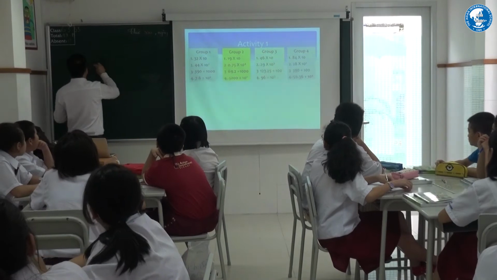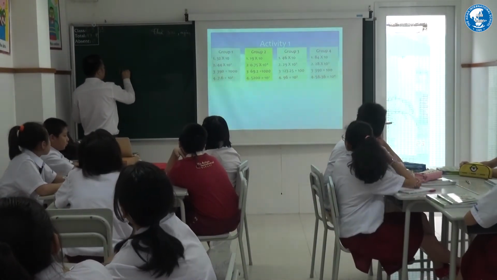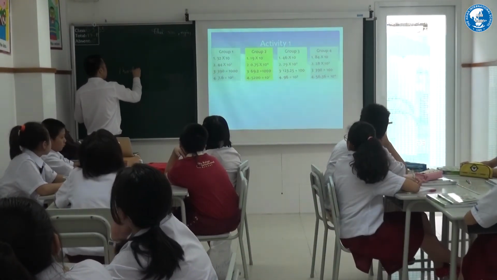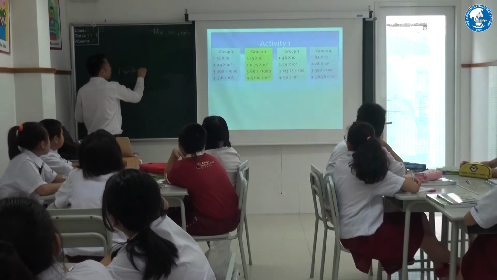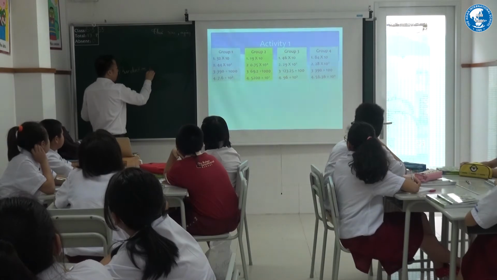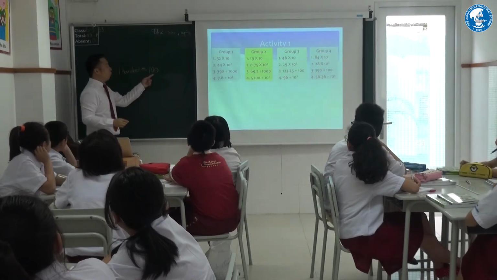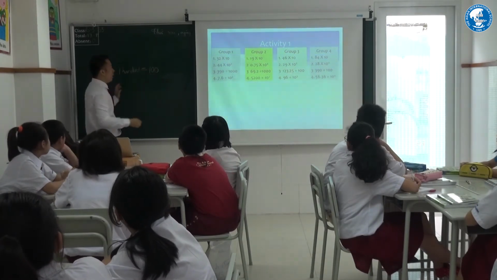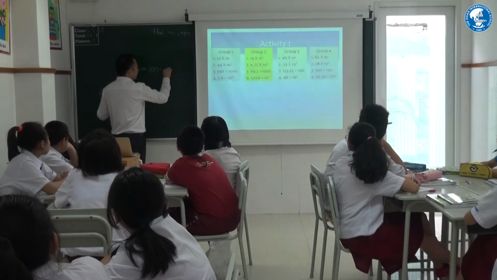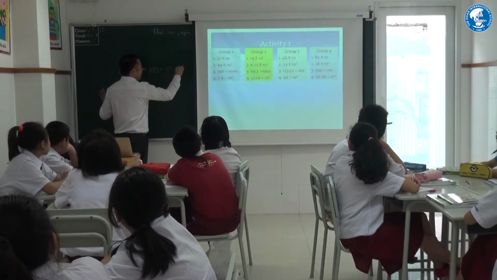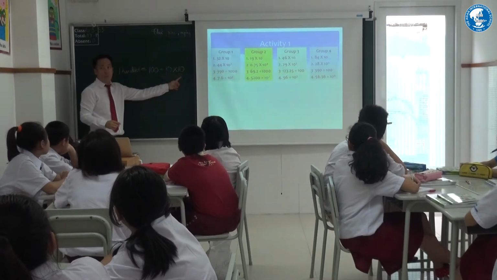Remember that, for example, 100 is equal to, when you get the number, that is equal to 100, right? Okay. 100 is also equal to, in the decimal system, 10 times 10. Do you remember?